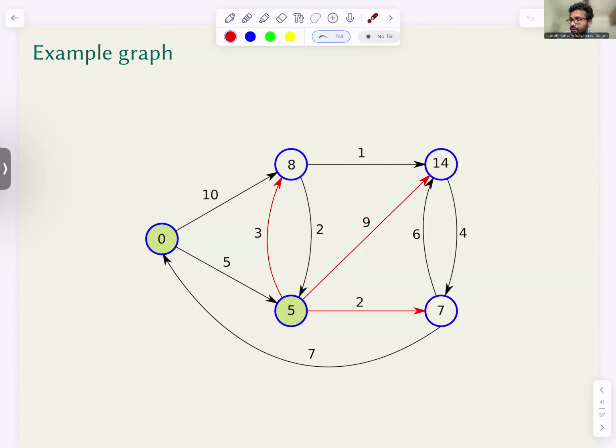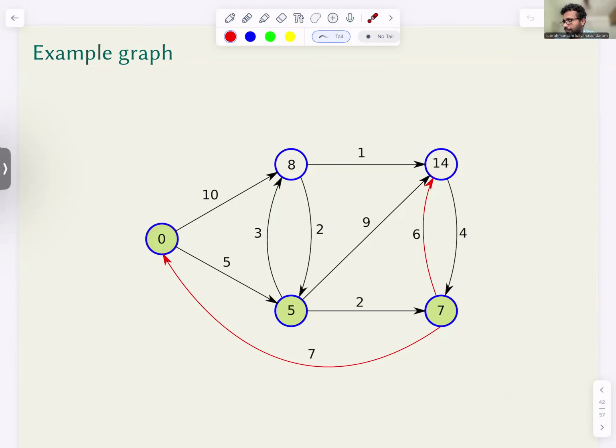Consider this: even though the top left vertex with weight 8 was NQ'd before 7, we end up DQing 7 before 8. So there is already this change of order, which you can see even in this very small example. So 7 is DQ'd, and it has two outgoing edges, one to the vertex with 14 and one to the source vertex.